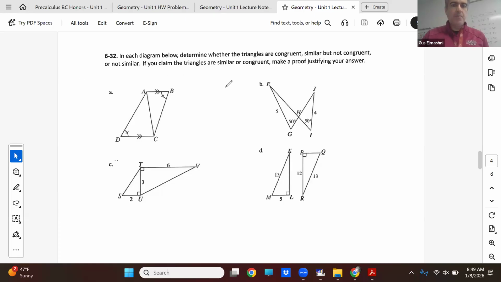Let's take a look at B. Well, those sides are not the same. So that's no, not congruent.